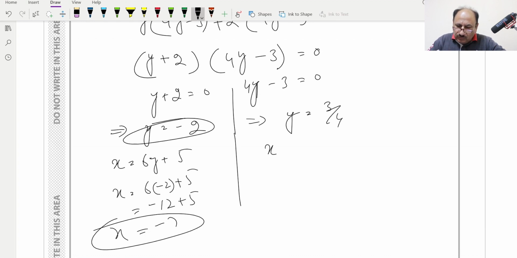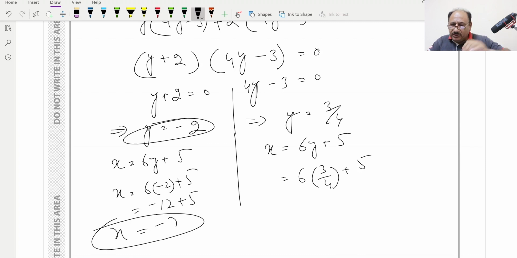And for this one, x is equal to 6y plus 5. And this will be 6 into 3 by 4 plus 5. So we can calculate all this also. You can cancel this one. 2 2s are 4, 2 3s are 6.